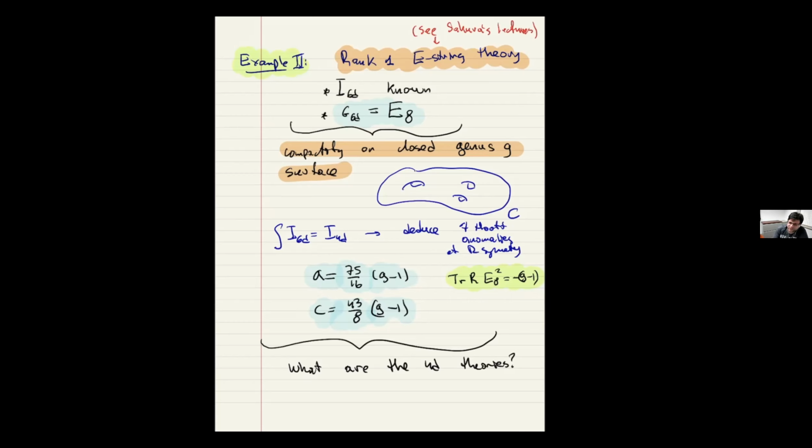So when compactifying, we can turn on also fluxes for this E8 symmetry. But for now, let me not turn on any fluxes. Just as we did for the minimal SU(3) theory, we compactify on a genus G Riemann surface without fluxes. And again, we can predict anomalies, and we can ask whether there is a description directly in 4 dimensions of this theory.